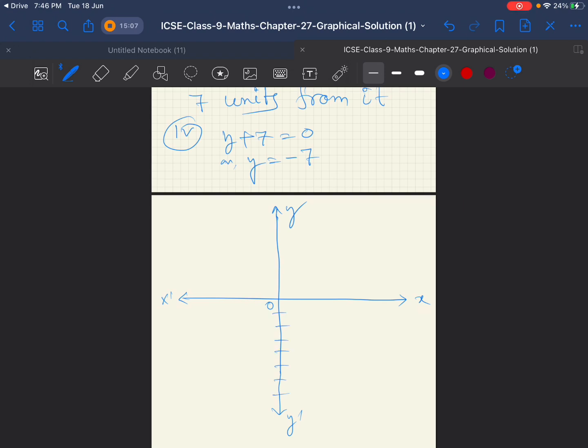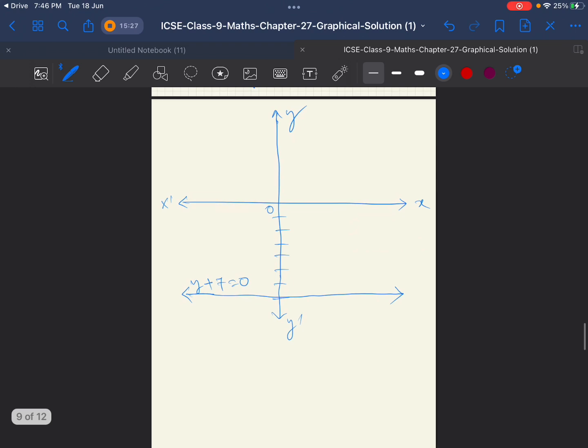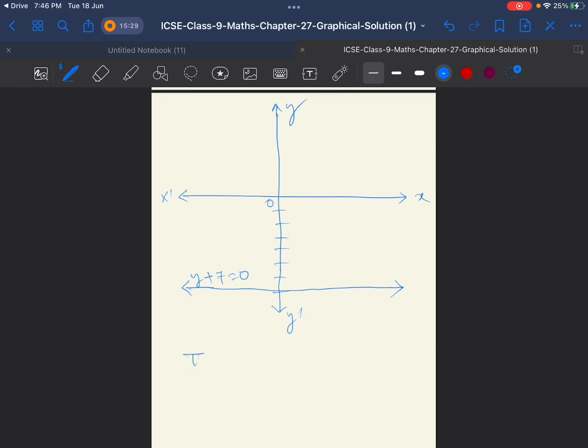Here y equals to minus 7. 1 2 3 4 5 6 7. Okay, so we draw a line y equals to minus 7 or y plus 7 equals to 0. This is the line y plus 7 equals to 0.